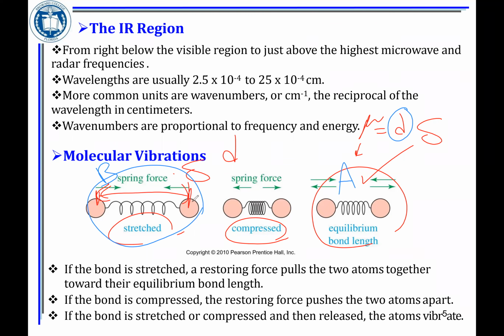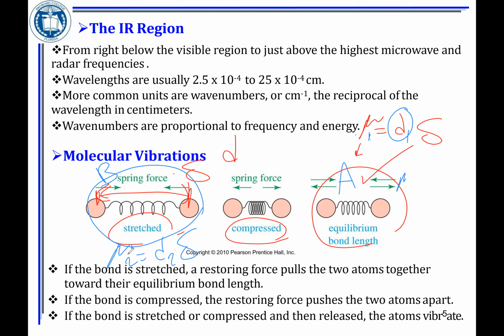And when the bond stretches, the mu is going to change. So if this is mu1, then you do have a mu2, and it's going to be D2 delta, and this is D1 delta. The difference between mu1 and mu2 is going to be detected by the detector, and it's going to be recorded.